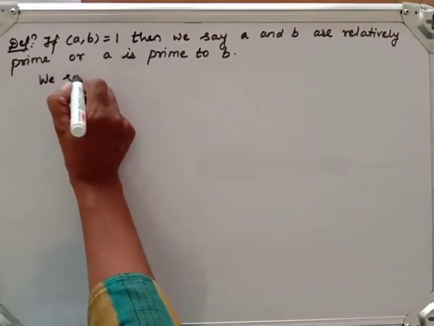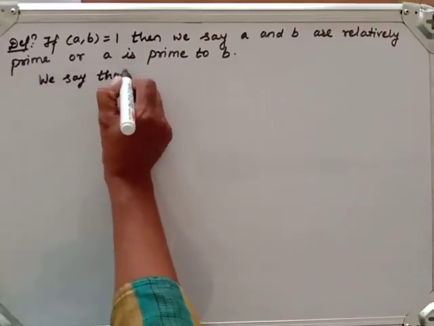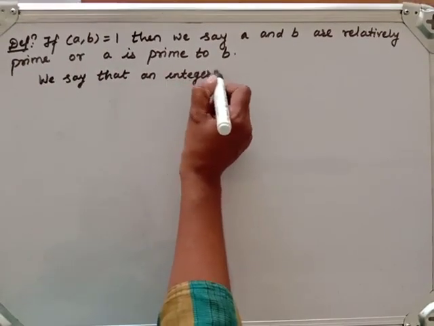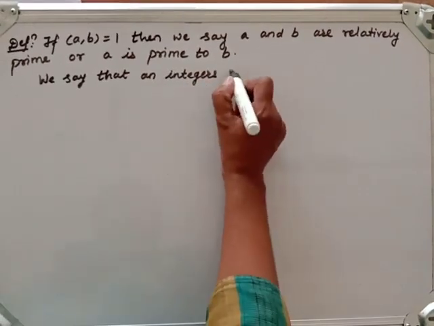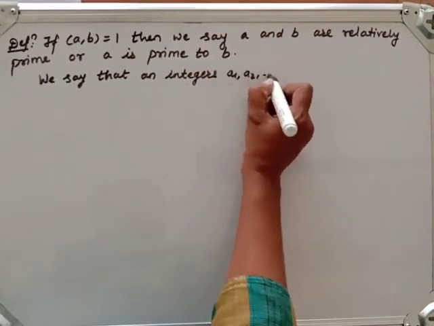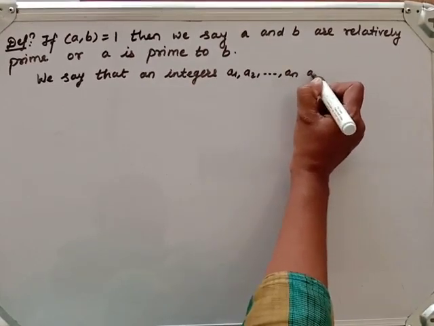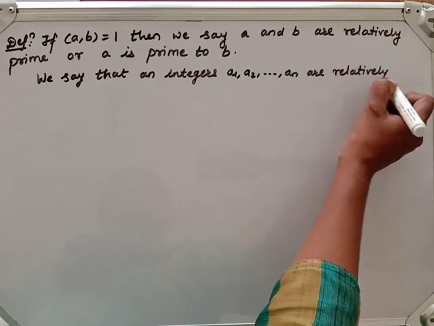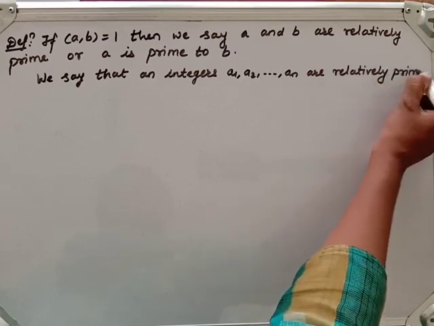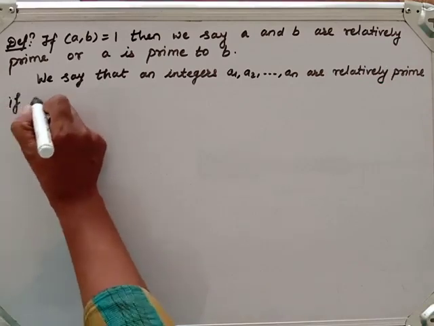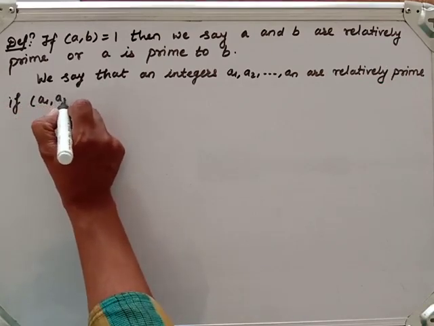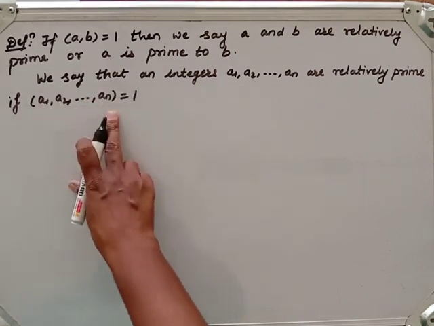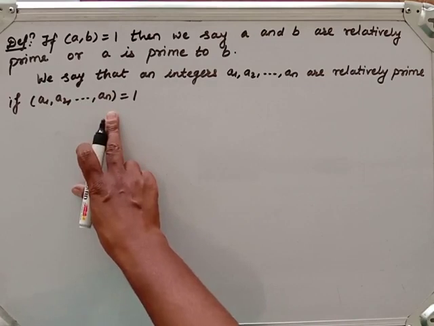Now we say that integers a1, a2 and so on up to an are relatively prime if the GCD of a1, a2 and so on up to an is 1. Already I taught you how to determine the GCD of more than two integers.